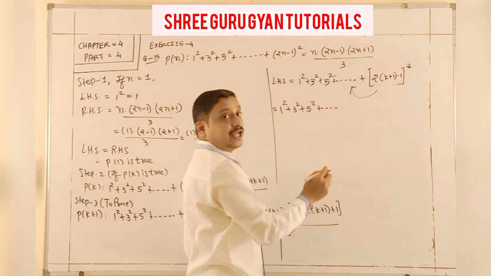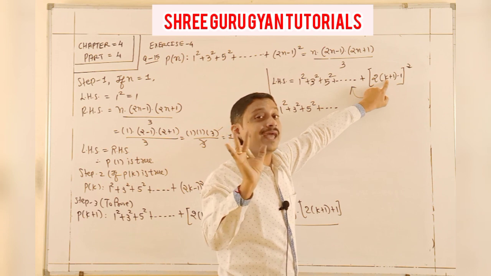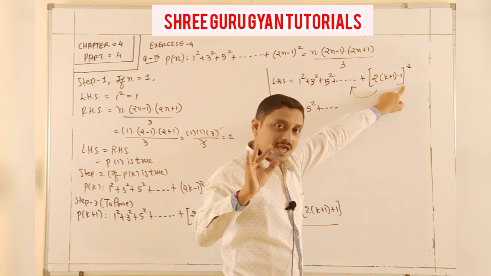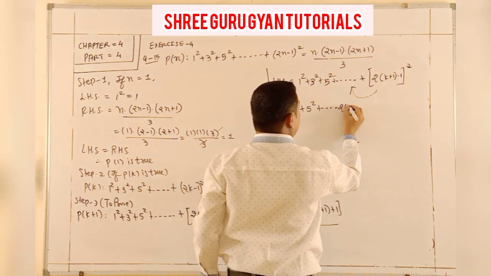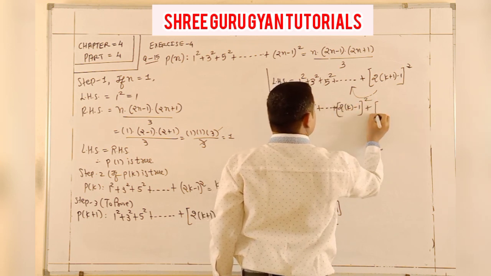Here k plus 1, only write down the k minus 1, so here (2k minus 1) whole square, and the earlier terms are as they are.